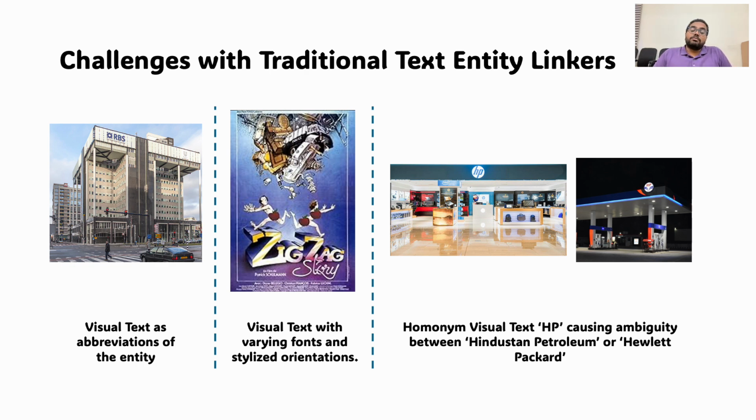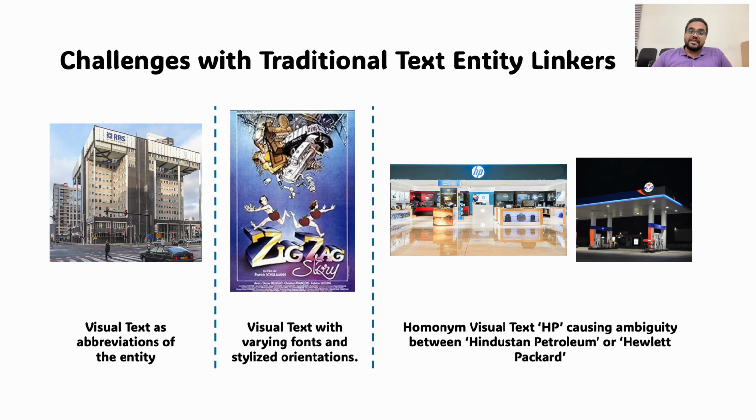Apart from that, there are even more challenges such as abbreviated visual entity text. As you can see in the first example, RBS is the text present instead of Royal Bank of Scotland. In the knowledge base the entity name is Royal Bank of Scotland, however in the image it is RBS, an abbreviated form. In such cases, text-based entity linkers would fail.